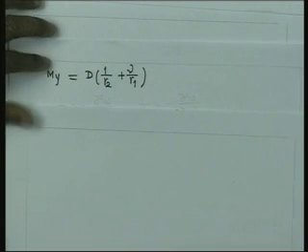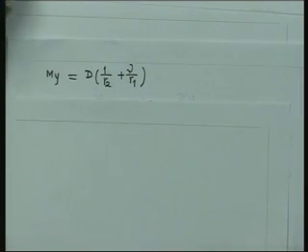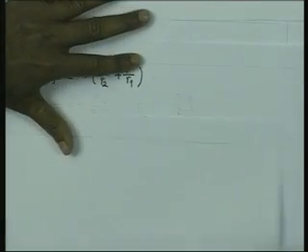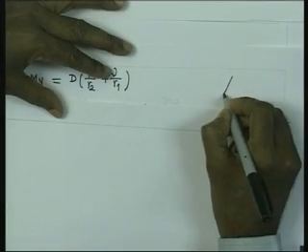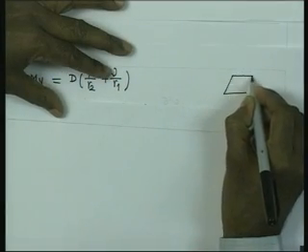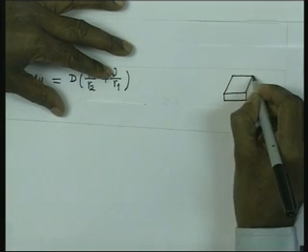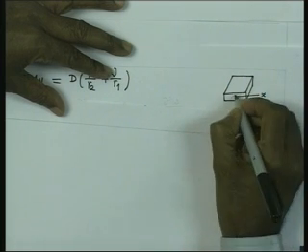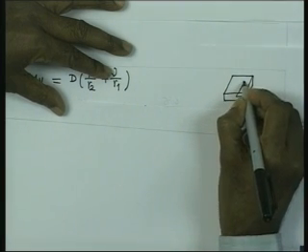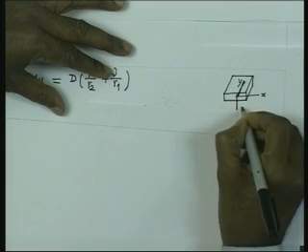Now, we have selected the coordinates like this. In fact, our x axis is like this, y is directed like this, and z is in this direction.